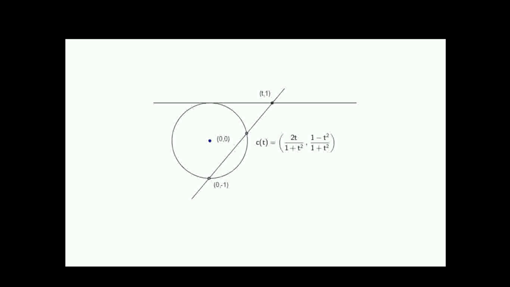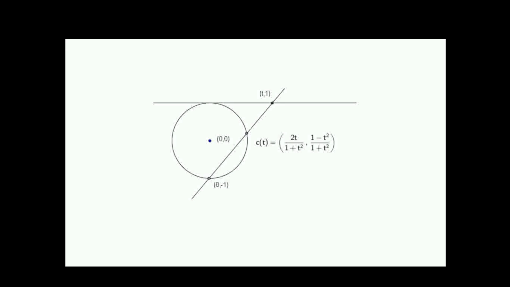So what we do here, we have a fixed point at (0, -1), and we have a variable point on this horizontal line. So as t varies, this point slides backwards and forwards. And then we look at the place where this line between (0, -1) and t1 goes through, and it's going to intersect the circle somewhere, and it can be shown that the coordinates that happens in Cartesian space are given by this equation here.